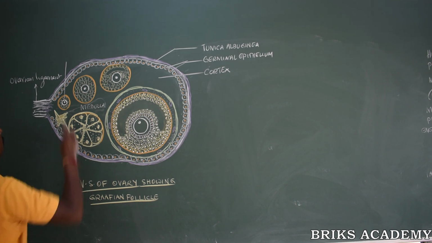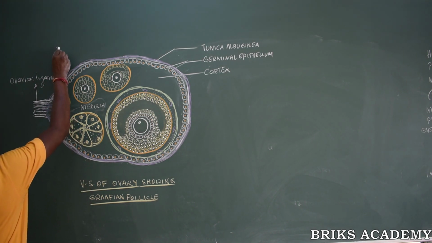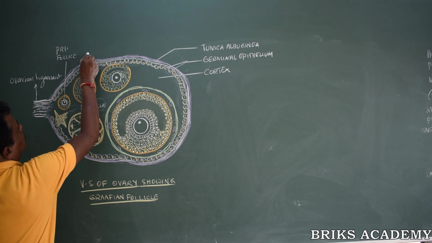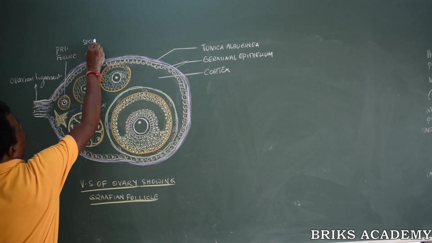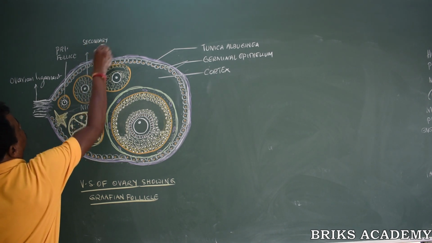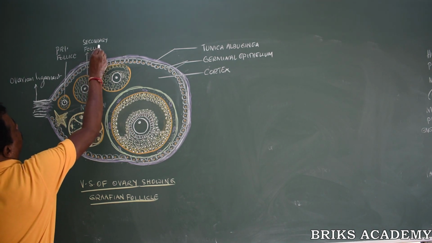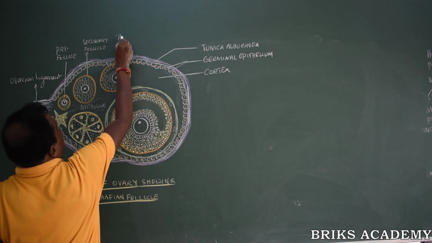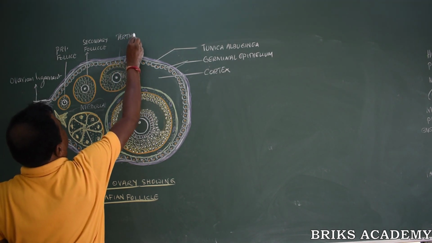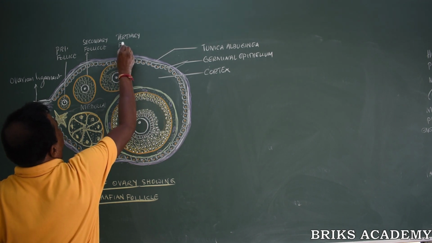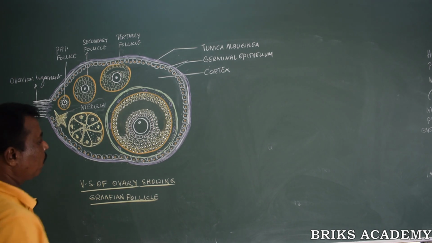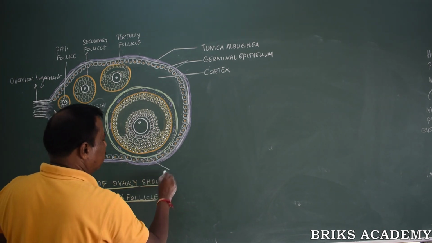Based on the maturation, they are classified into primary follicle, and then secondary follicle, and then it is transformed into a tertiary follicle, and the matured ovarian follicle is called the Graafian follicle.